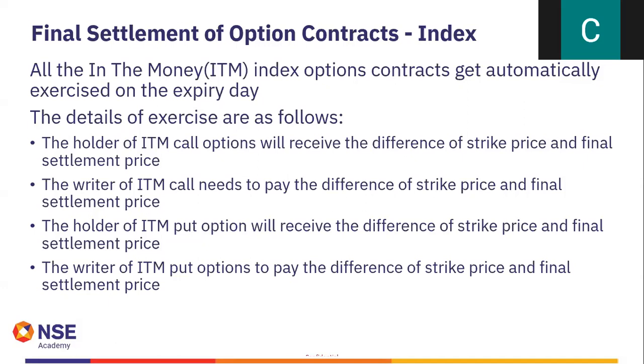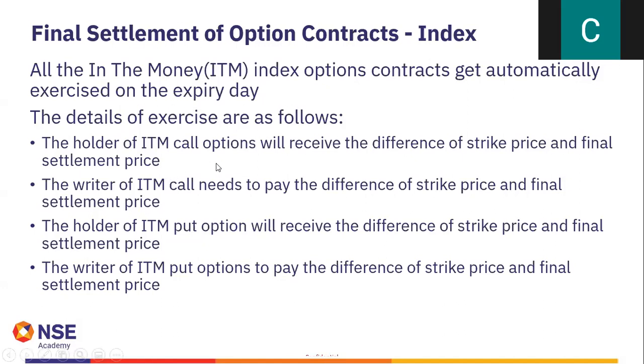So that is whether they are generating profits or not. So exchange obviously will execute only those contracts which are in the money, because there is no point executing ATM or OTM contracts. Okay. So all in the money options contract will get automatically exercised on the expiry date.